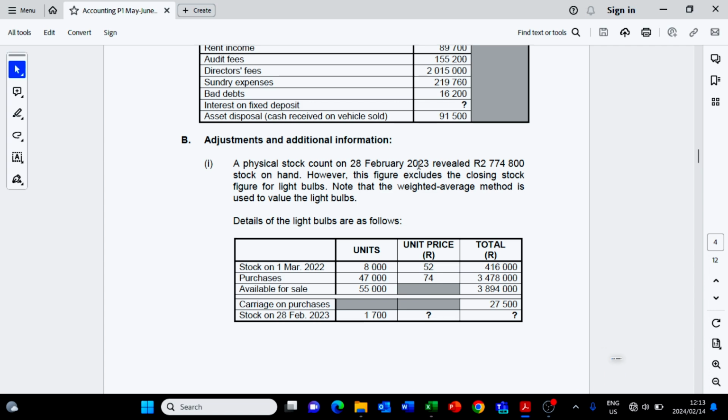As you can see here, this 2,774,000 does not include the value of closing stock, meaning that after calculating this amount, we are supposed to add it on to the 2,774,000 to know how much is the value of stock that we have at the end of the year. I hope we are clear on that one. Without any further ado, let me get on to it.